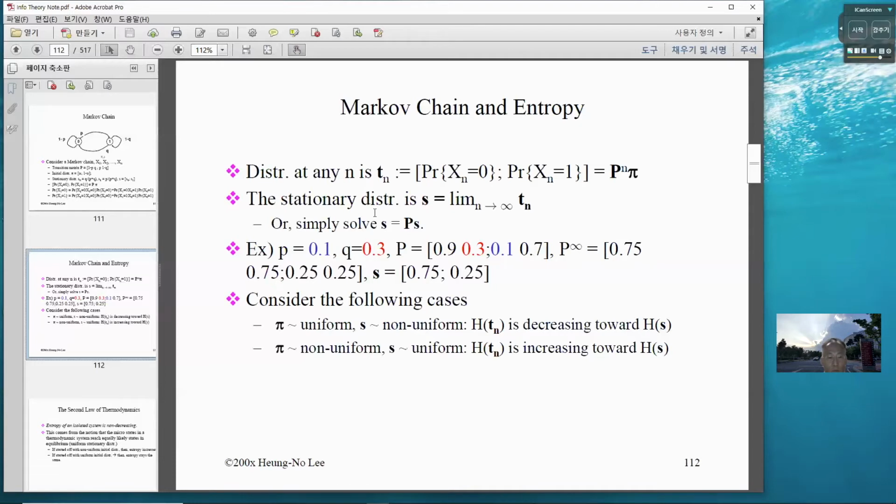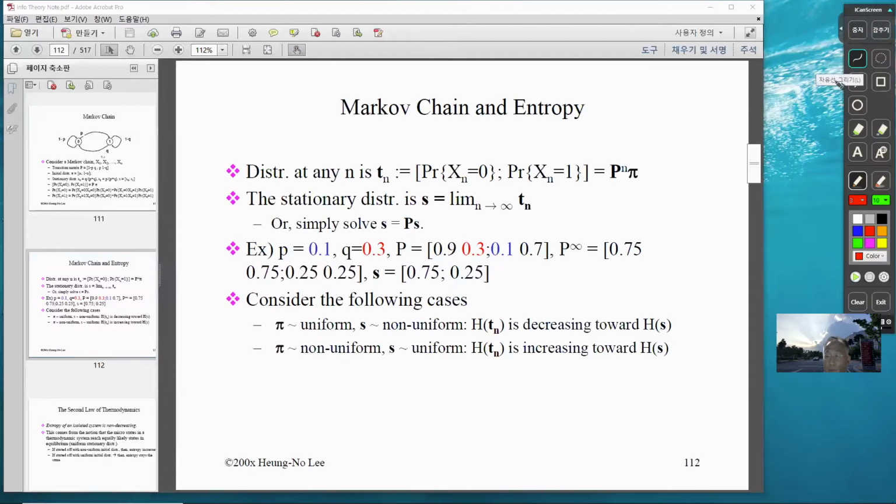And also we can use this equation to solve for stationary distribution. For example, in this particular case, stationary distribution S can be found.